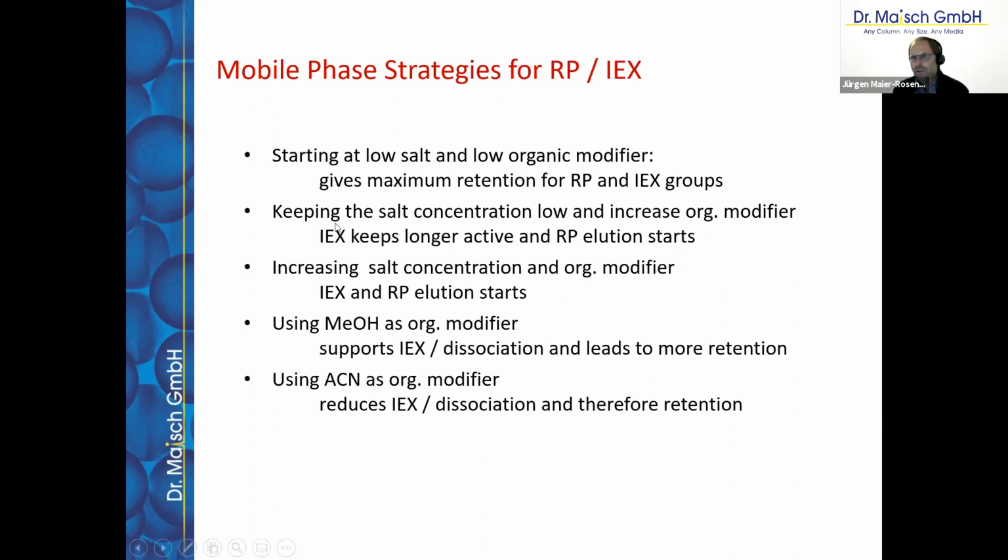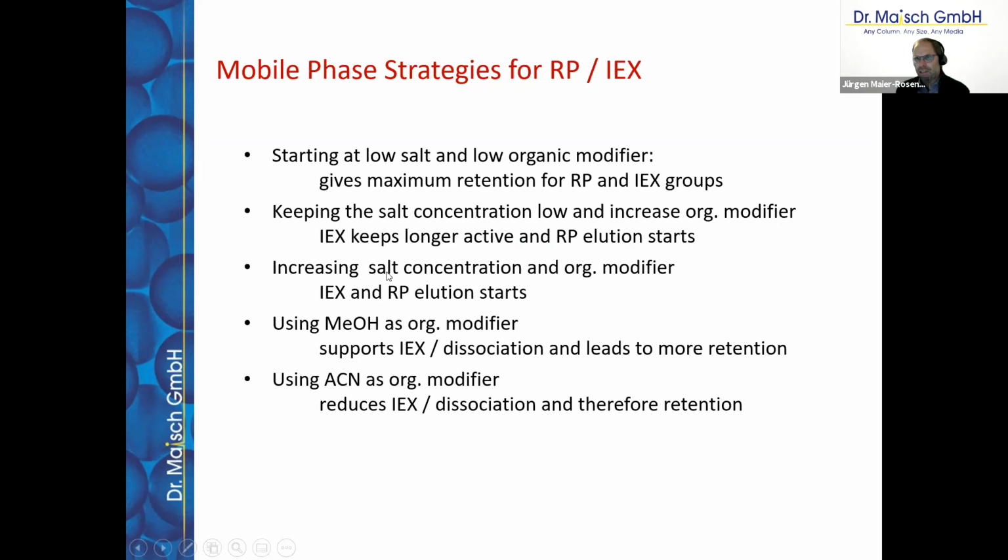So if you want to weaken the IX interactions, you keep the salt concentration low, increasing only the organic modifier concentration. That keeps the IX interactions low and the reverse phase elution is the preferred elution at that moment. Or you can do it so that IX and reverse phase go hand in hand.